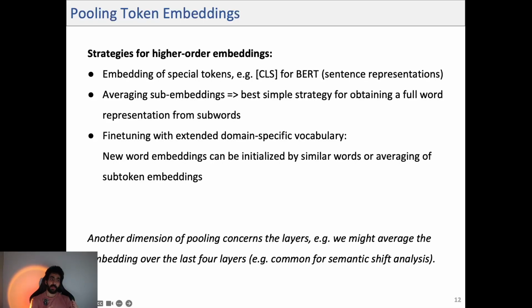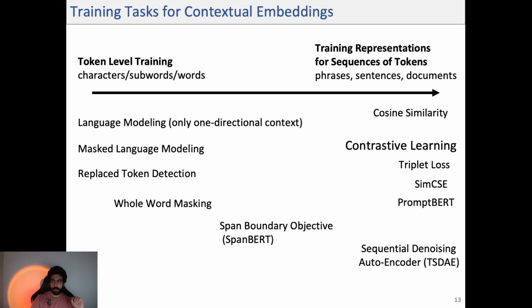For example, we might take the last 4 layers of a transformer and average the embeddings. It's quite common in studies that look at how word meanings shift over time or across contexts. So pooling helps us go from many small pieces, like subwords or model layers, to one clear and useful representation.